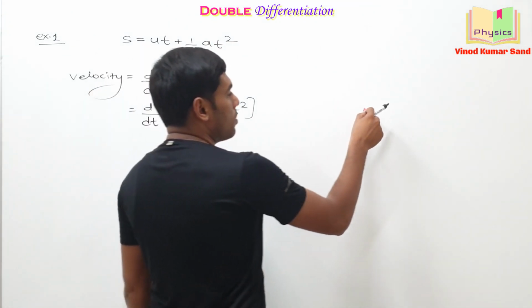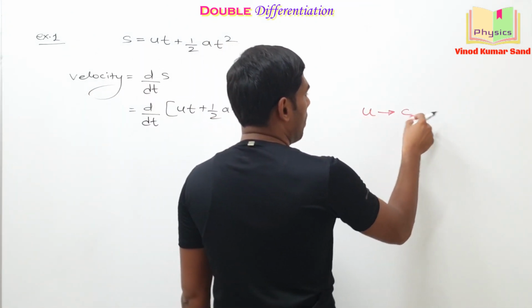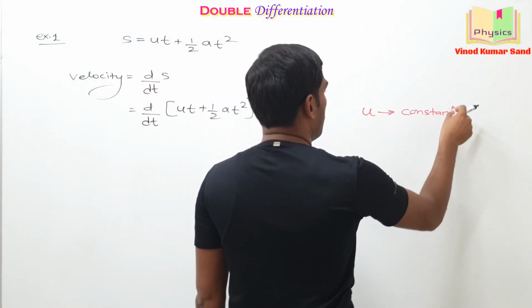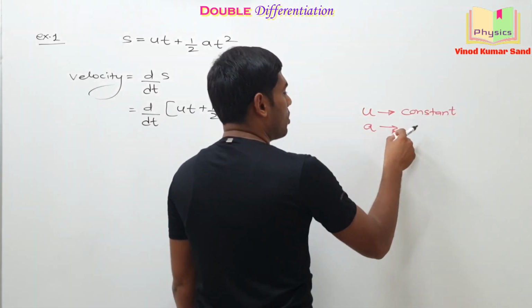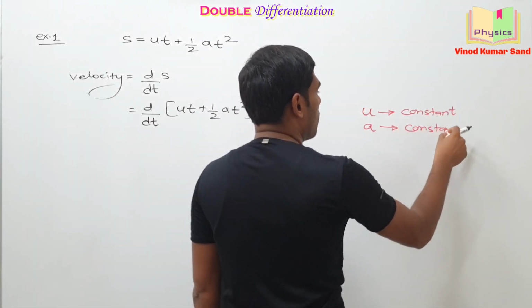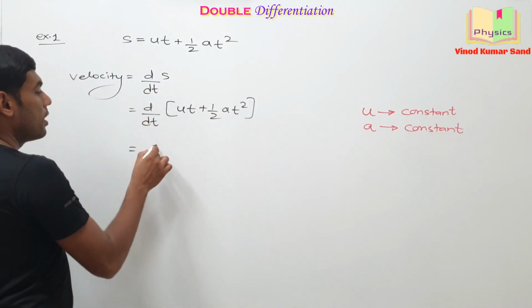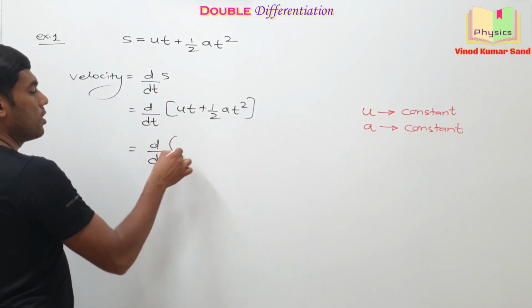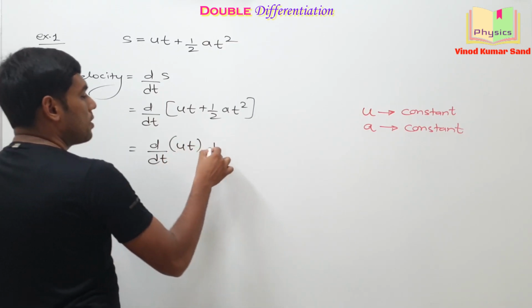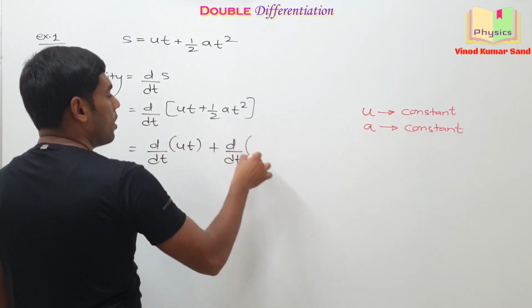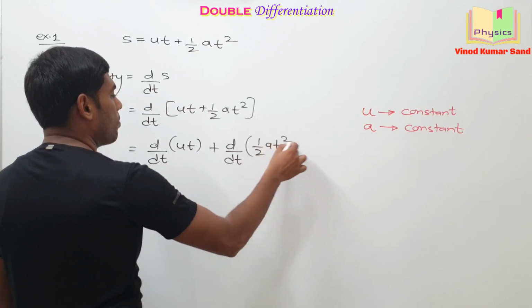Here u, the initial velocity, is a constant, as well as the acceleration a is also constant. Let's simplify it. I am using the addition rule. D by dt of ut plus d by dt of half at square.